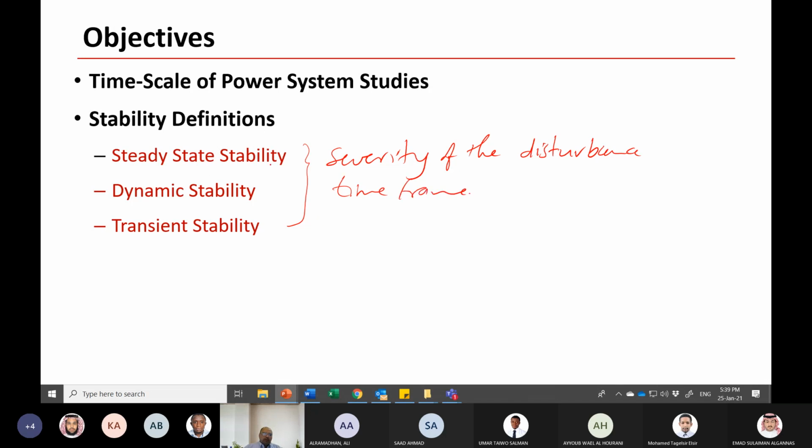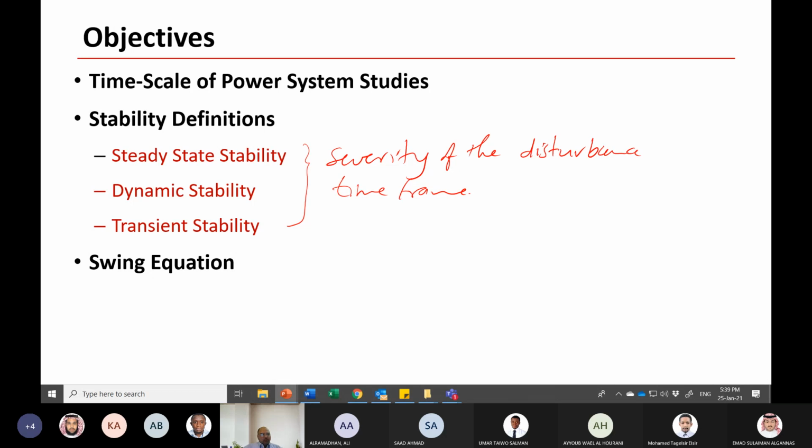For this one, you can have a longer time. This is somewhat a few cycles up to a few seconds, but this one is maybe a few cycles after the disturbance. The details of the modeling are also different from one type to another, and this is what we will discuss here.